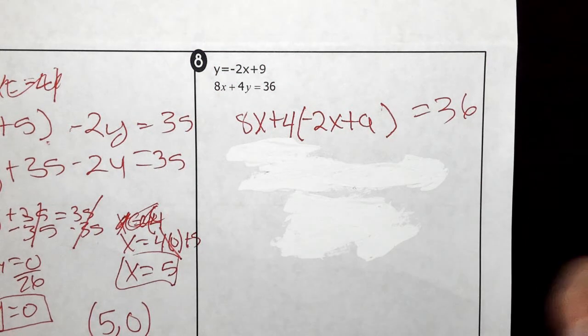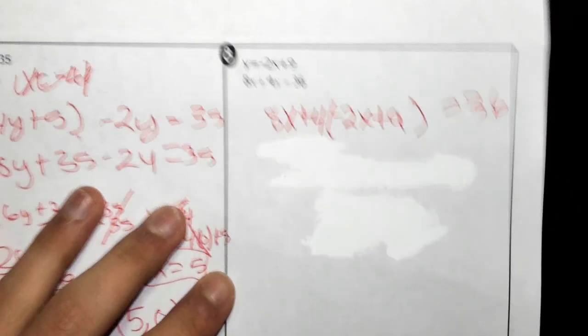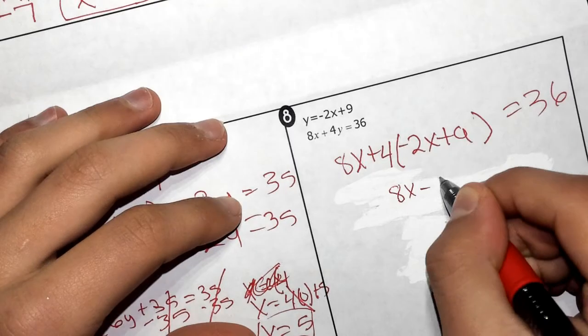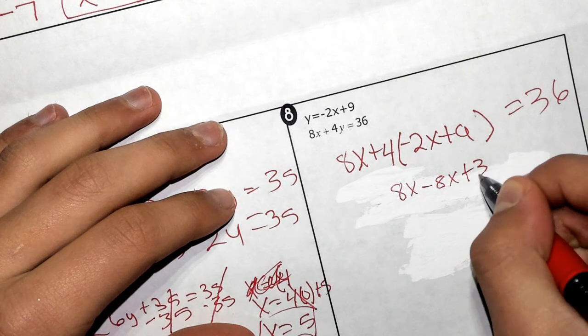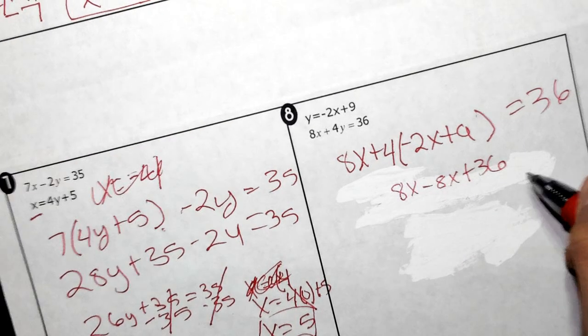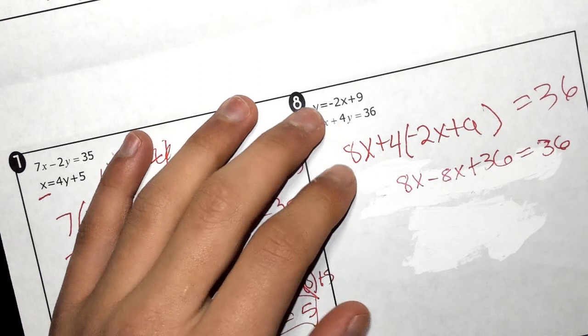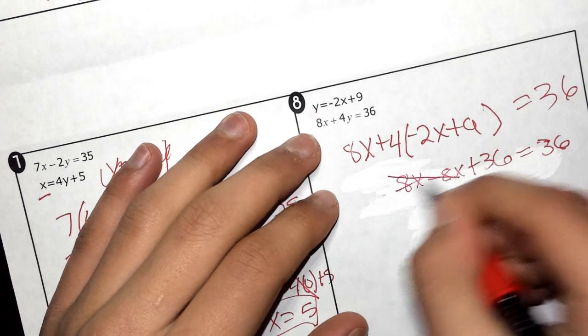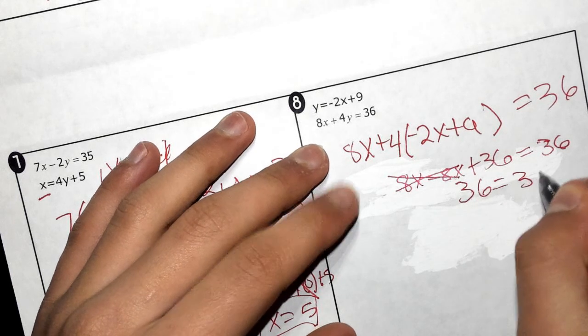Alright, so after my short fail, let's try it again. 8x minus 8x plus 36 equals 36. There we go. And then that cancels each other out. 36 equals 36.